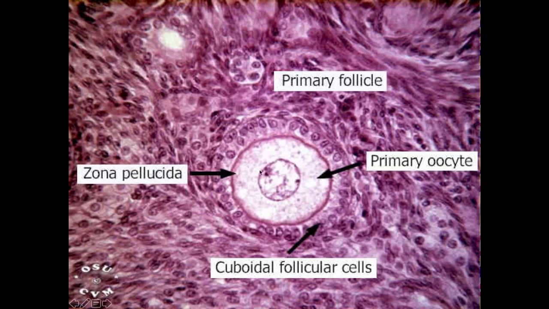You can see the oocyte, proper zona pellucida, and then one layer of granulosa cells, which starts to become two-layered, like here. So that is like an interstep between the unilaminar and multilaminar primary follicle.